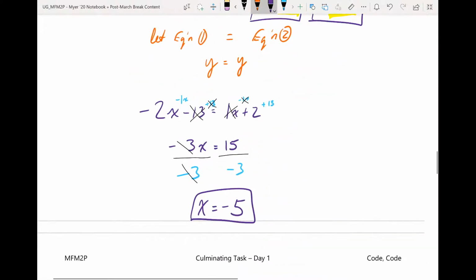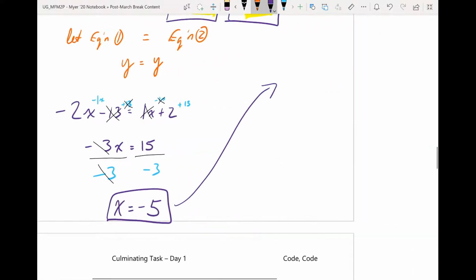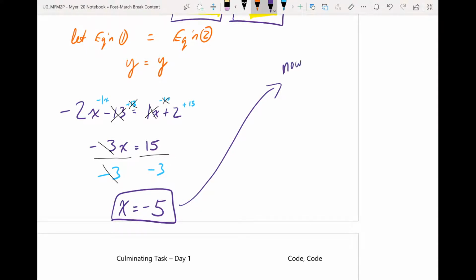So now we have a value for x. When we have a value for x, we need to find y now. Okay. I forget how you find the y, I think. So to find y, we sub in our value for x into either equation. Oh, right. Okay.